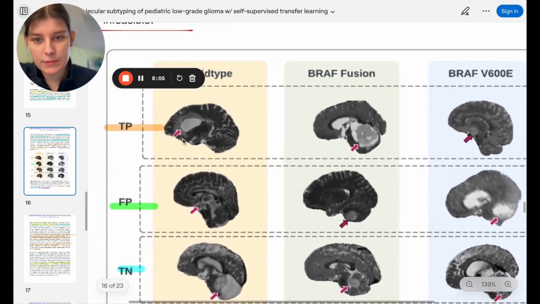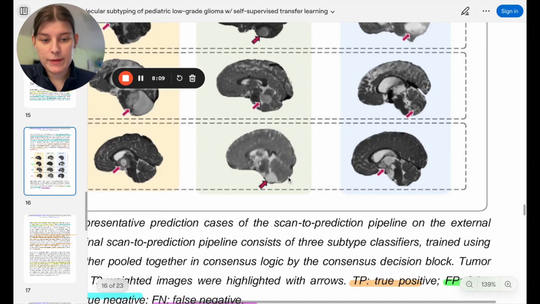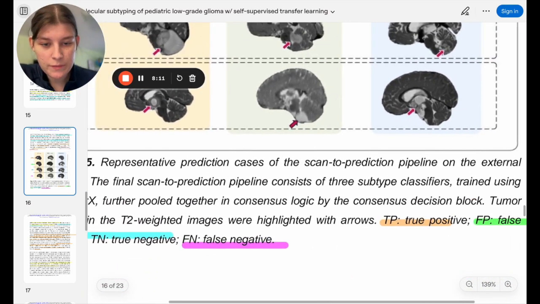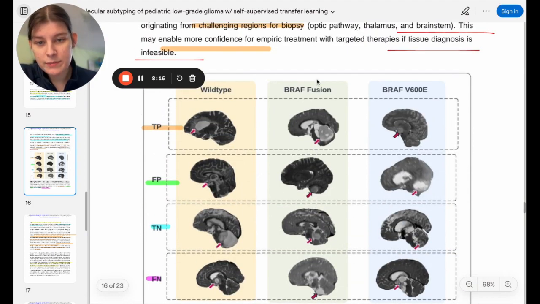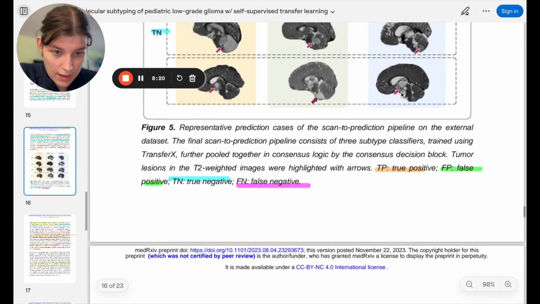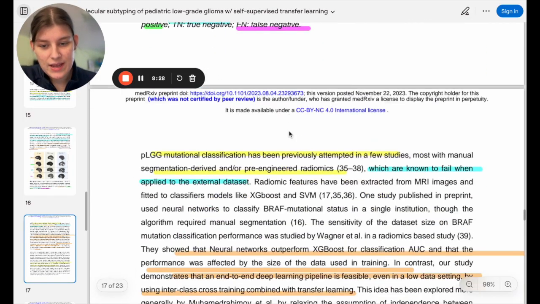And this is what it applied through the scan-to-prediction pipeline on these external data sets. So again, it has three subtype classifiers: your wild type, your BRAF fusion, and your BRAF V600E. Then, pulled together, it makes the decision in the decision block. So you have all these results.